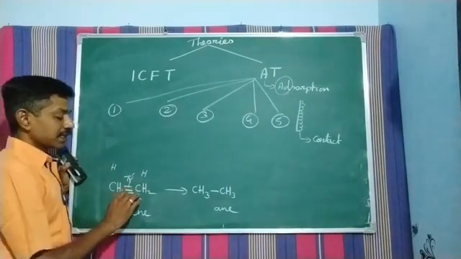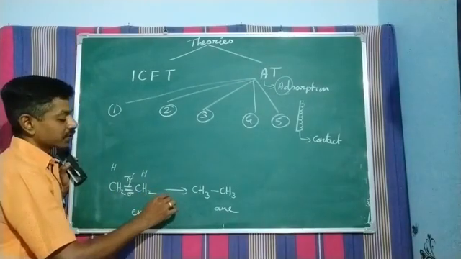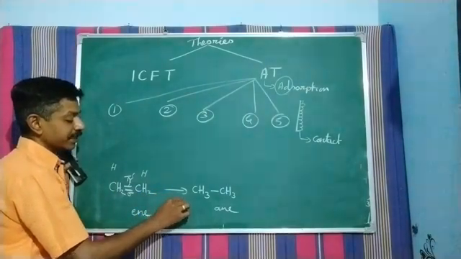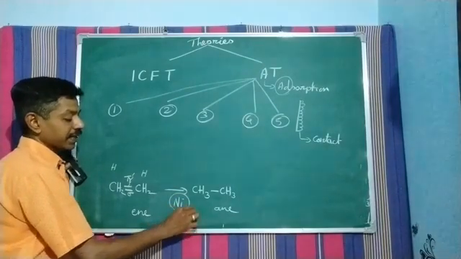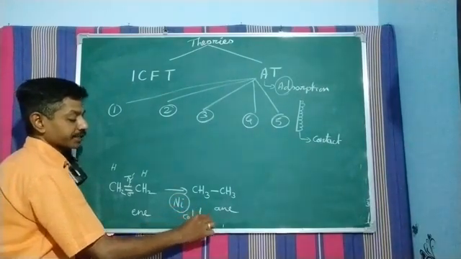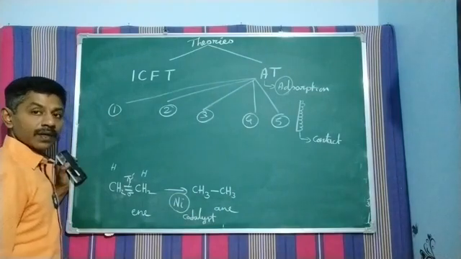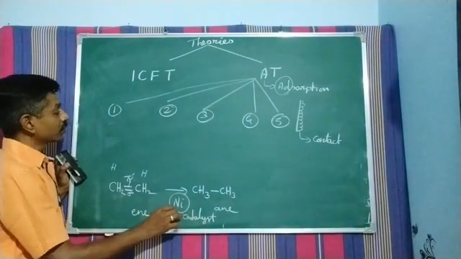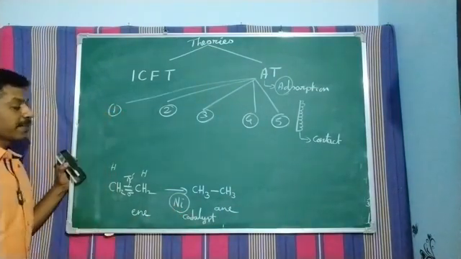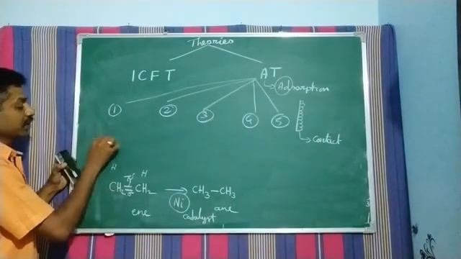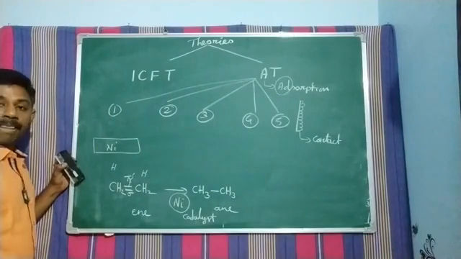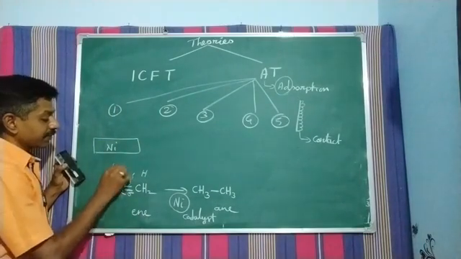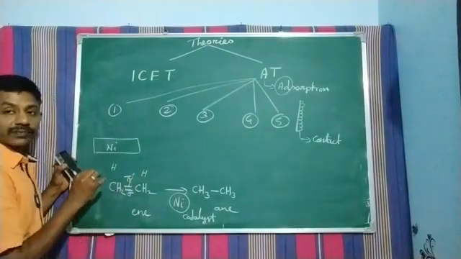But this is a very slow process. To enhance the speed of this, we are adding nickel. Now nickel is acting like a catalyst for this reaction. So what is this nickel going to do? The first step. Imagine this is the surface of Ni, the nickel catalyst. One of the reactants for that is hydrogen.